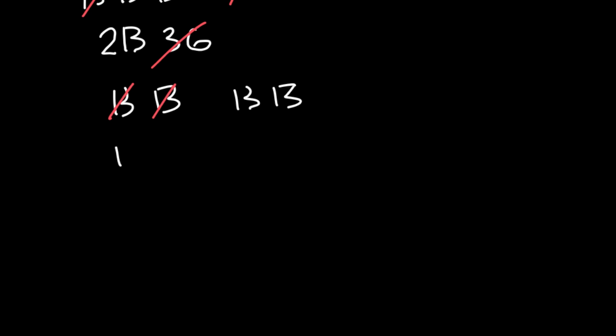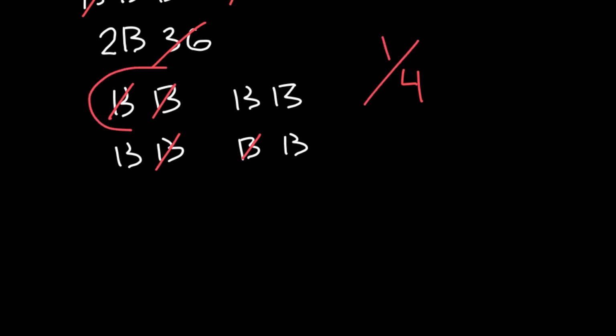The third variant would be to have the first child unaffected and the second child affected, and the last variant would be to have the first child affected and the last one unaffected. So as you see, we have 4 variants here, and one variant would meet our requirement when both boys would be affected with this genetic disorder. So the total number of variants is 4, and one meets our requirement, this one.